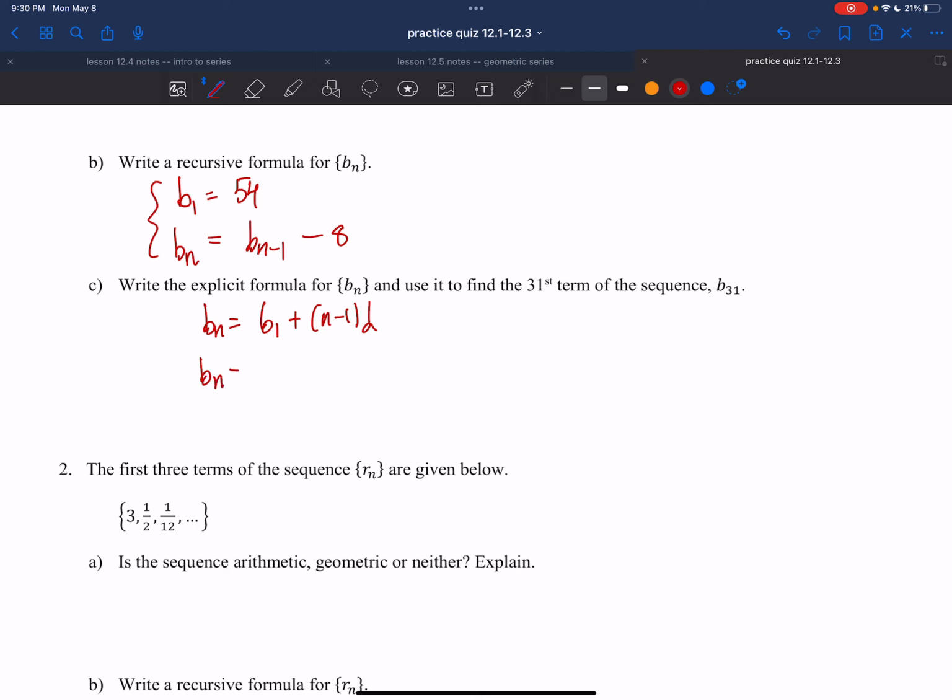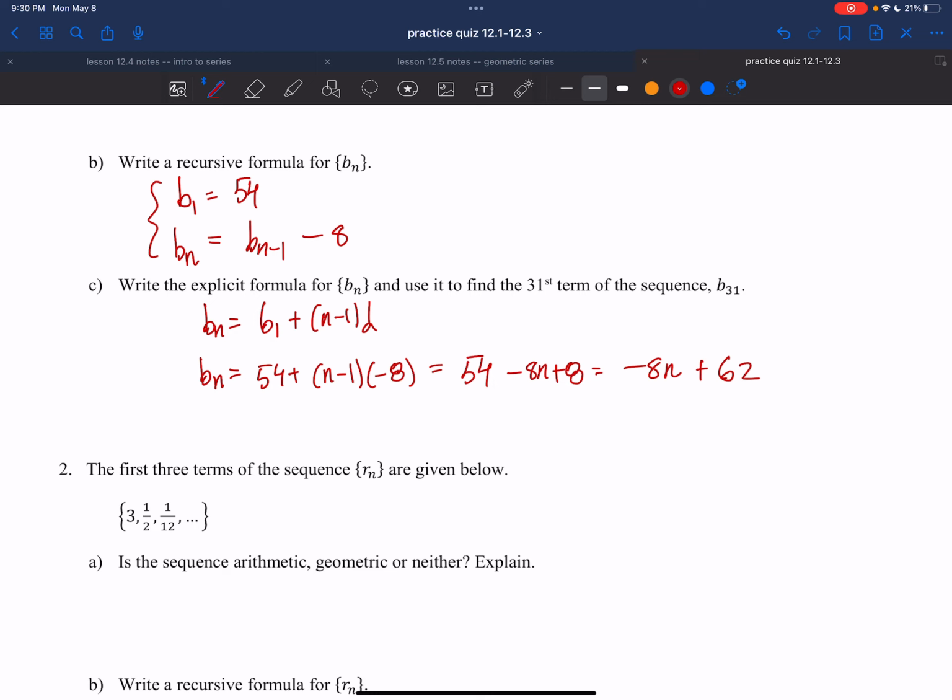Well, that means b sub n is the first term, 54, plus n minus 1 times the common difference, -8. Which, if I like, I could distribute that -8. You don't have to do this, by the way. 54 minus 8n plus 8. Looks like that's -8n plus, oh my gosh, 62? I didn't mess that up, did I?